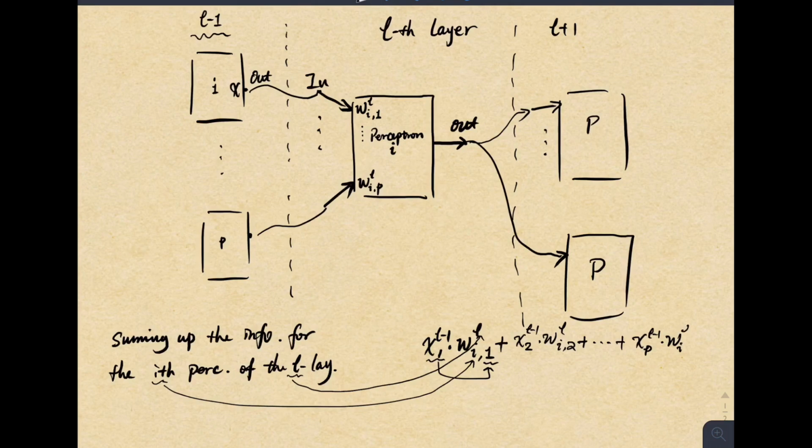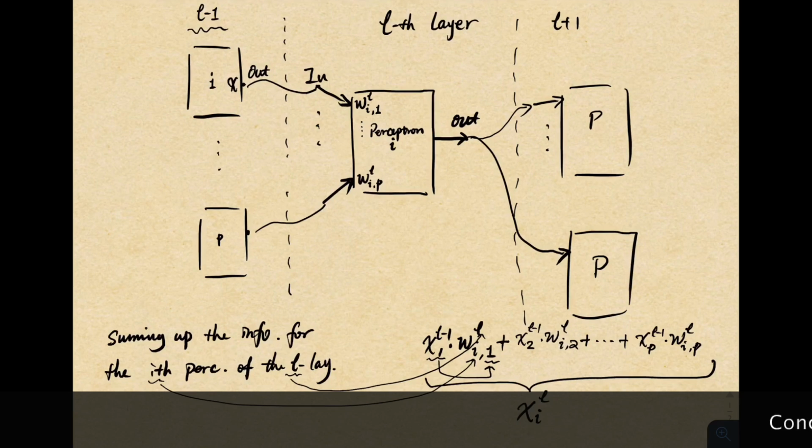The ith perceptron of the Lth layer connect to the pth of the previous layer. Okay. What do we represent this sum as a result of this sum? Right? That is the x of the ith perceptron of this Lth layer.